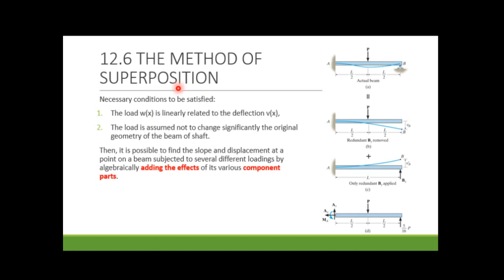Superposition means that, in order to find the slope, displacement, or any internal effects such as moment and shear force, it doesn't matter, we can divide the effects, for example the external forces, and calculate separately.